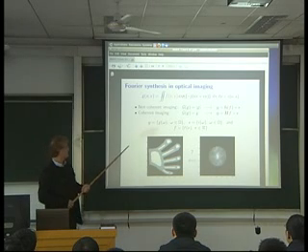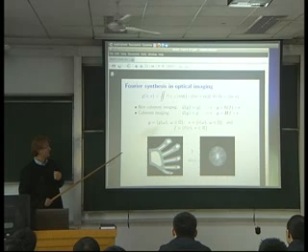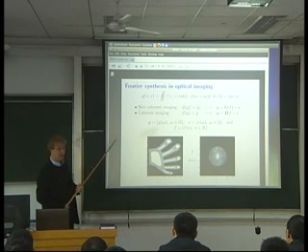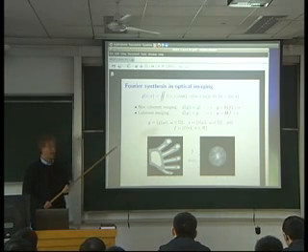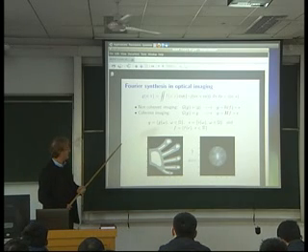This is a fourth example that I may show. This is in optical imaging, diffracted optical imaging, not the normal optical imaging.